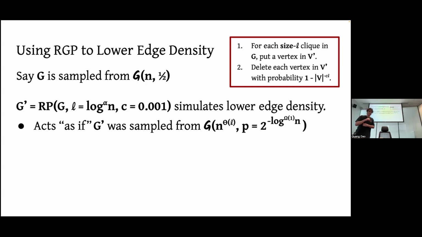We want to argue that this new graph G prime, roughly speaking, acts as if it were sampled from the Erdős–Rényi distribution with a vertex set now of size n to the theta L, and a much lower edge probability. Importantly, the fact that we're now getting a much larger graph, in fact a super polynomially larger graph, is why we need this slightly quasi-poly hardness of the planted clique conjecture.